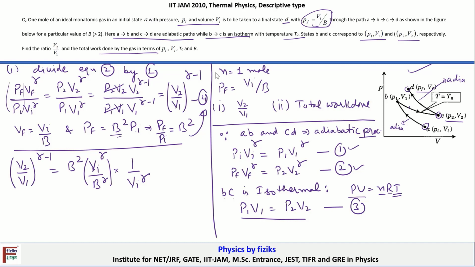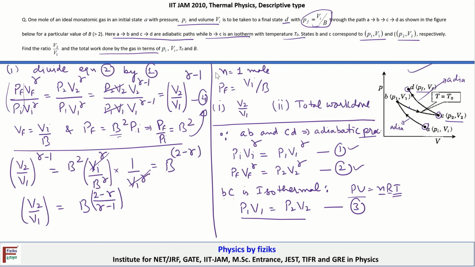I wrote them separately, so these will cancel with each other. So this is equal to V power 2 minus gamma. Or I can rewrite this as V2 upon V1 is equal to V power 2 minus gamma divided by gamma minus 1.